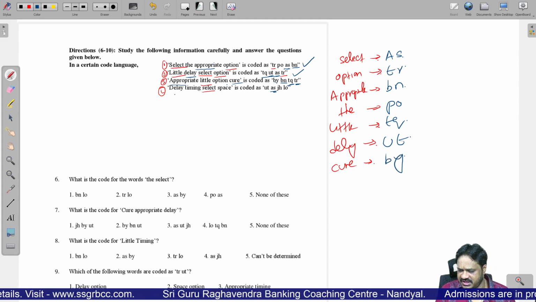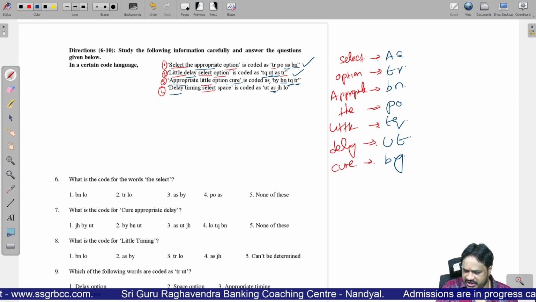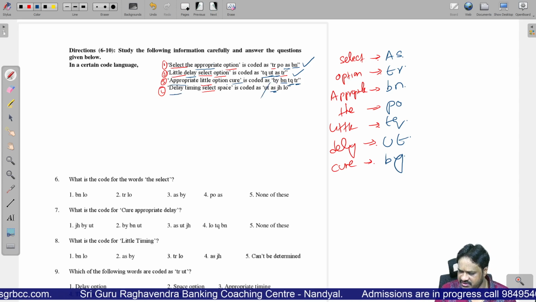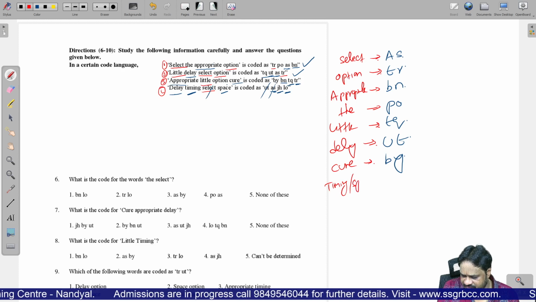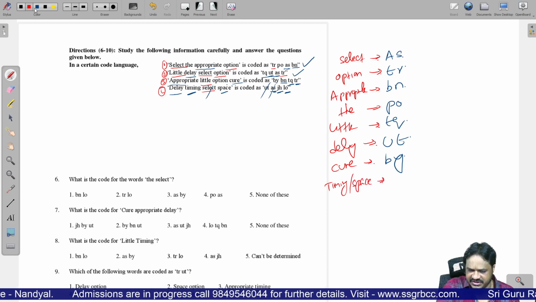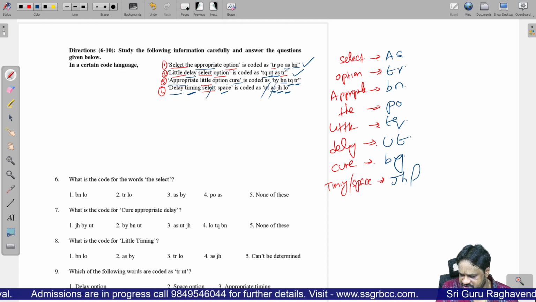Delay timing select space. Delay means UT. Then select means AS. Now timing is left, space is left. JHLO. So the code for either timing or space is either JH or LO.